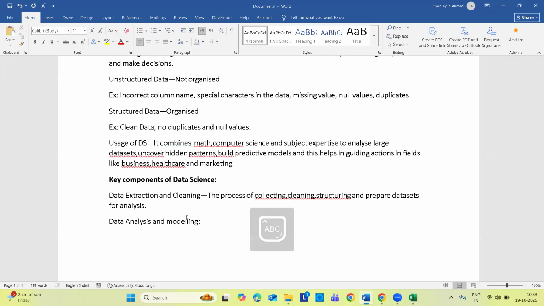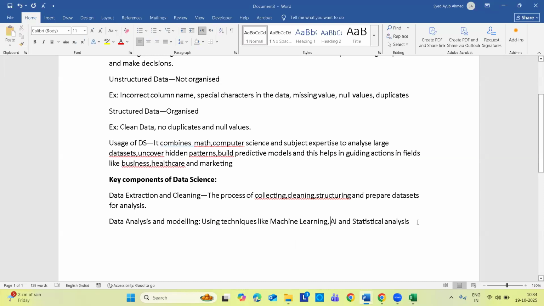We'll use a few techniques, like ML, machine learning, AI, and also statistical analysis. Through these things only you can do the analysis and modeling.